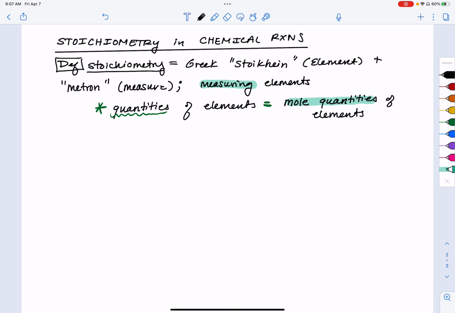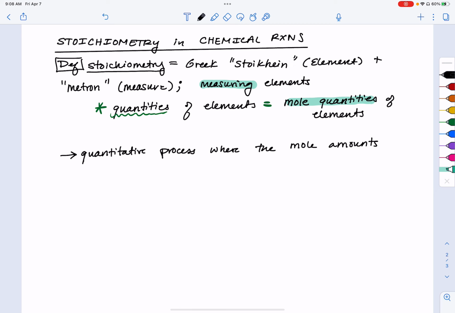So really, stoichiometry is a quantitative process where the mole amounts of different substances are determined.